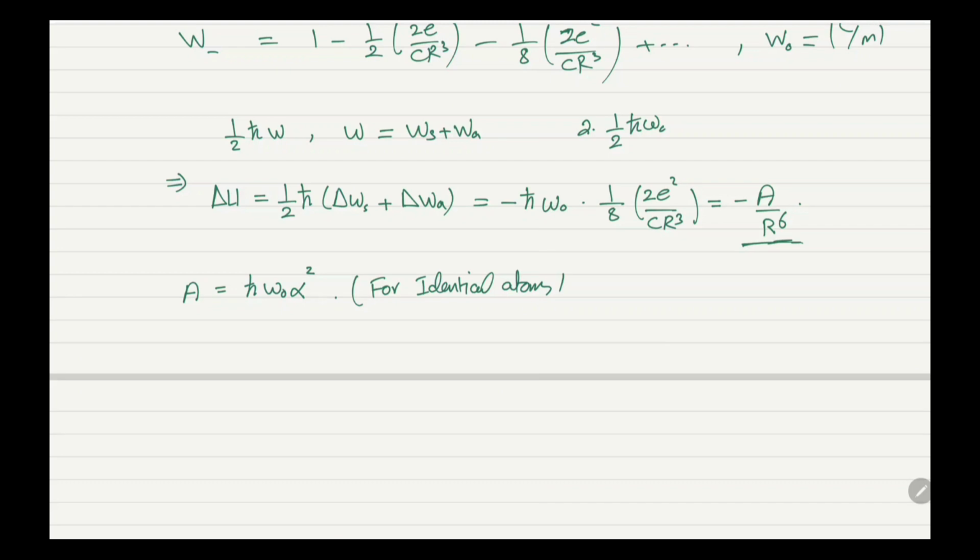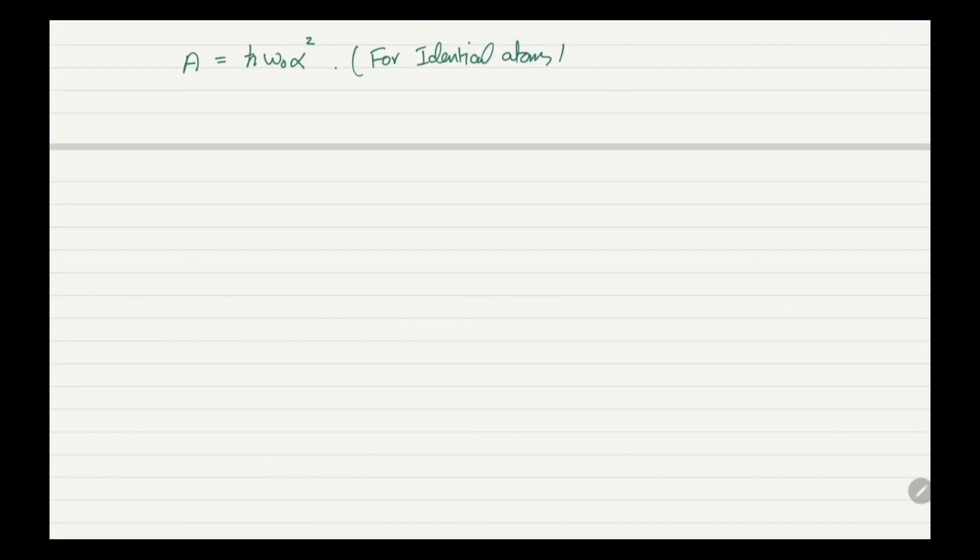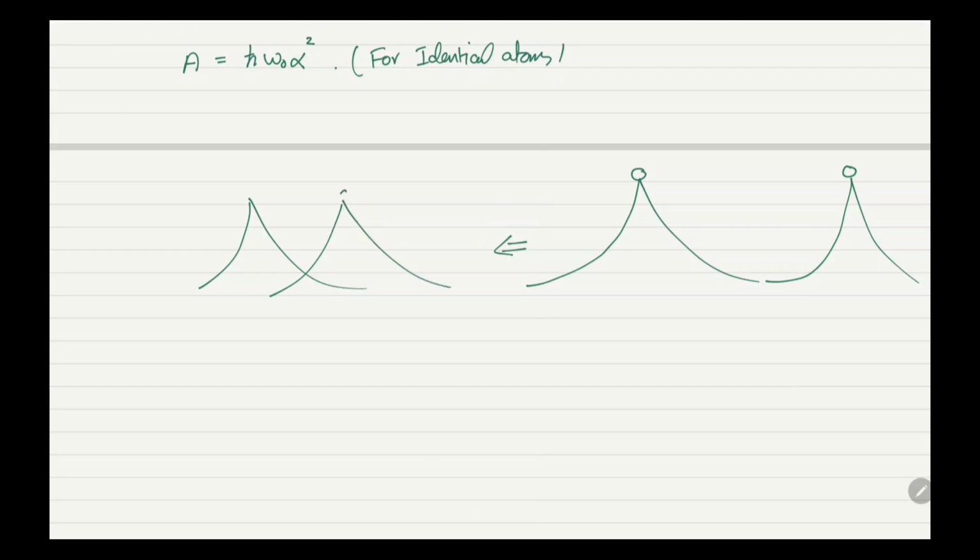Now let's discuss the repulsive interaction. As the two atoms are brought together, their charge distributions gradually overlap, like this one here. So this is the overlap here.